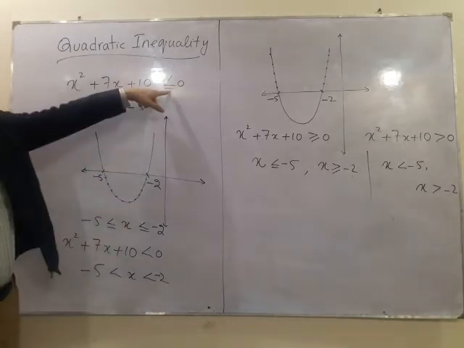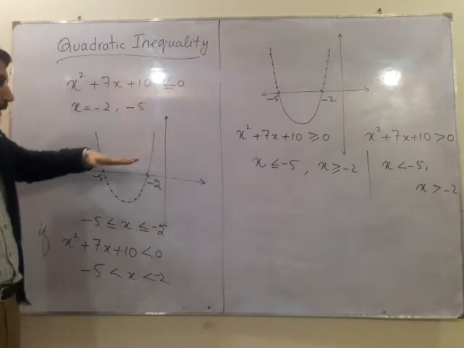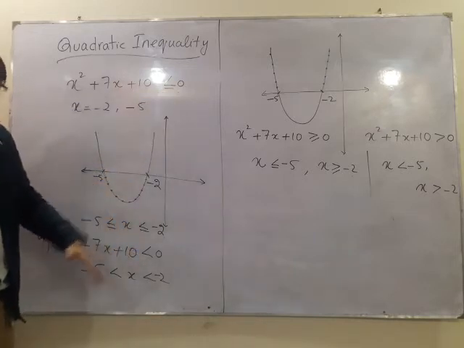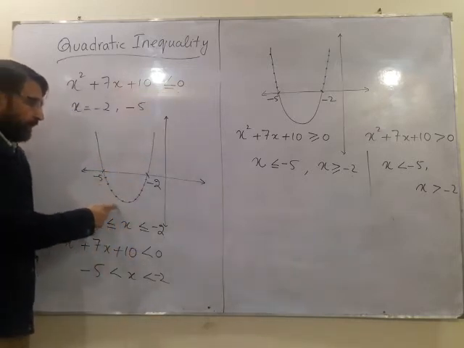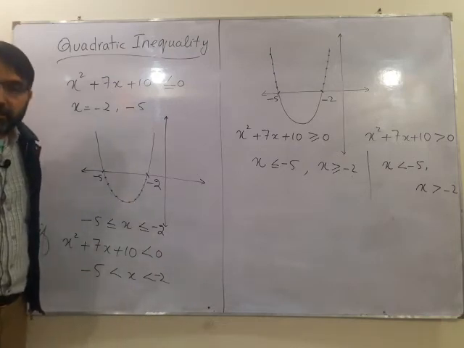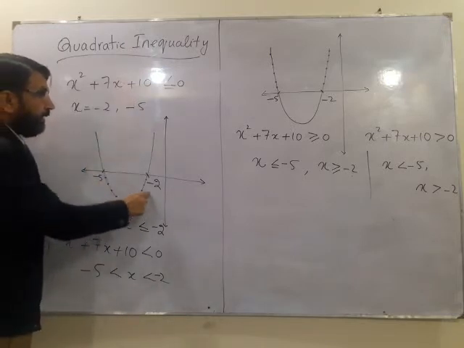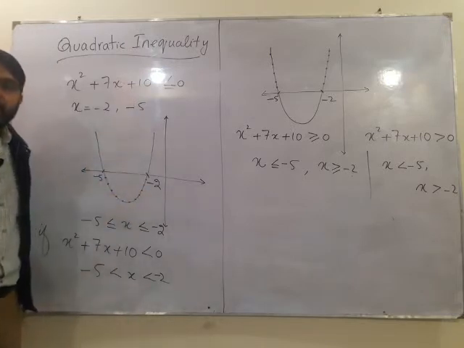Since we are looking for less than or equal to 0, meaning below the x-axis, we can see some blue dots which show all the values lower than the x-axis. That means these are the values where this expression has a negative answer, less than 0.